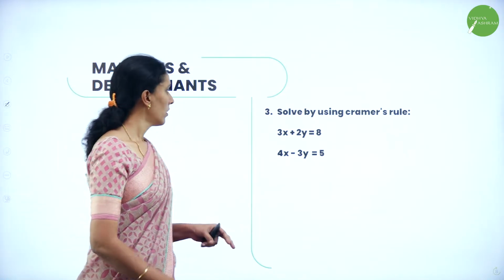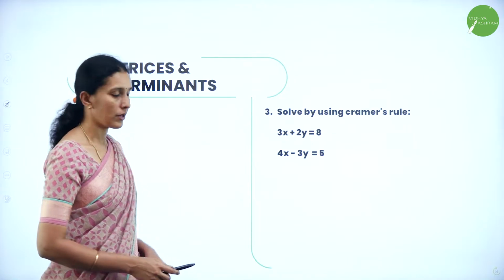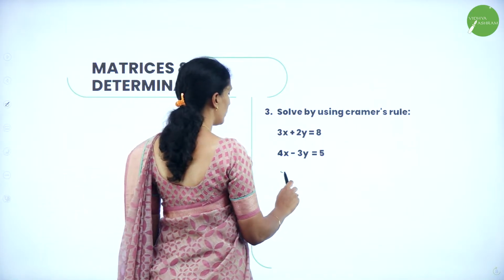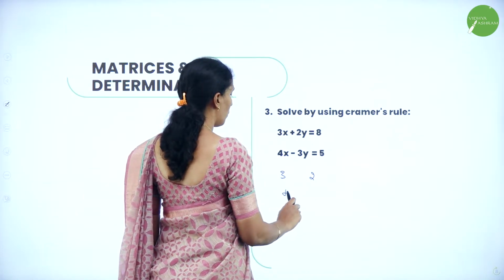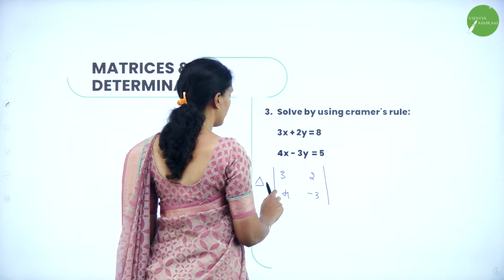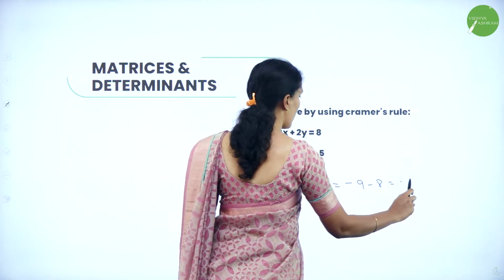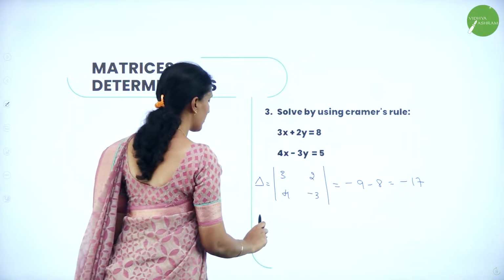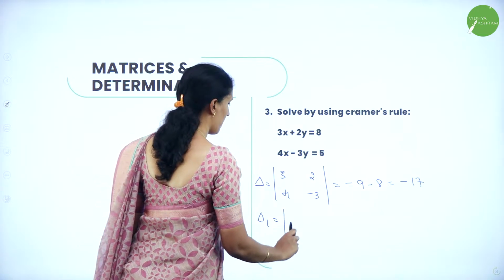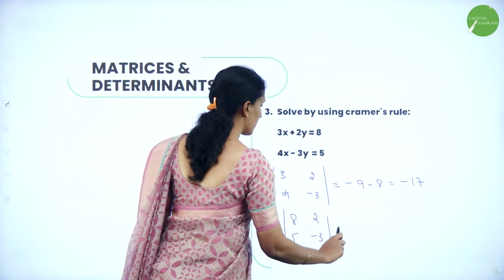Next one, 3x plus 2y is equal to 8. 4x minus 3y is equal to 5. So 3, 2, 4, minus 3. Let's find delta. Minus 9, minus 8, minus 17. Next find delta 1. 8, 5, 2, minus 3.